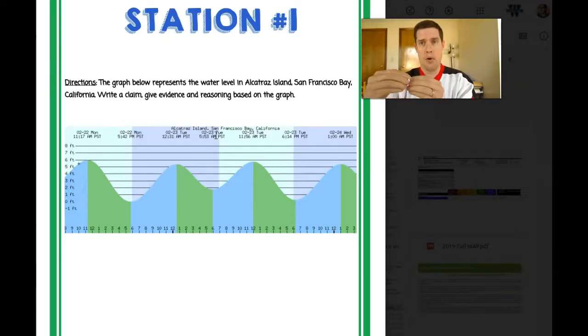So you're going to have areas of the water where they're pulled a lot, and that represents a high tide. And the areas of the water that's not being pulled very much at all, that's where you're finding low tide. So there's your reasoning. The gravitational pull between the moon and the sun on the Earth create high tides and low tides every day. And that's why the graph does what it does.